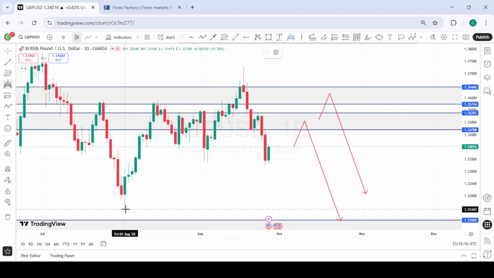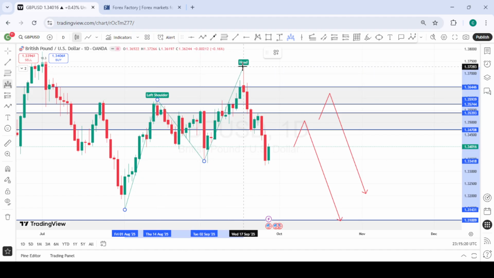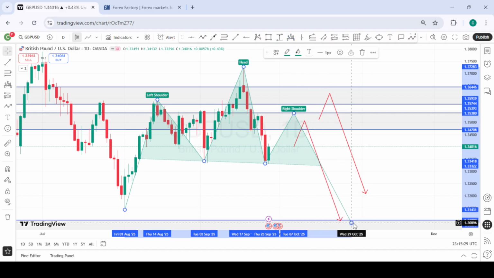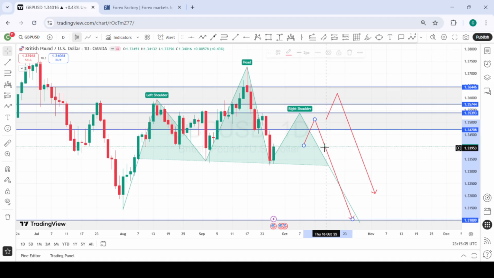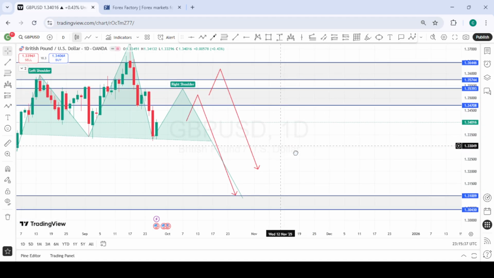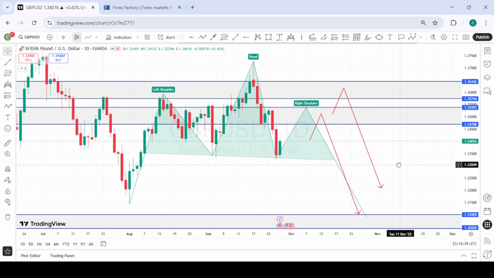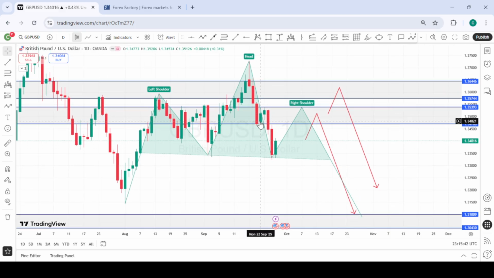So we currently have our left shoulder, we have our head, and we'll be looking forward to a possible right shoulder somewhere here, and then look for selling opportunities to continue the head and shoulder formation for GBPUSD. So let's be on the lookout for this pullback, and actually it's one of my favorites for the coming week. Look forward to this pullback to this area of interest and look for selling opportunities to the downside.